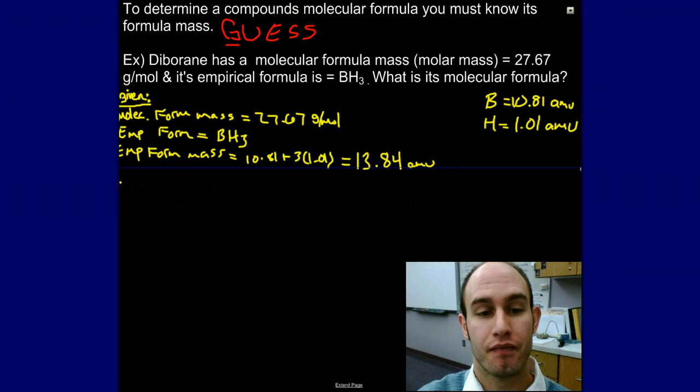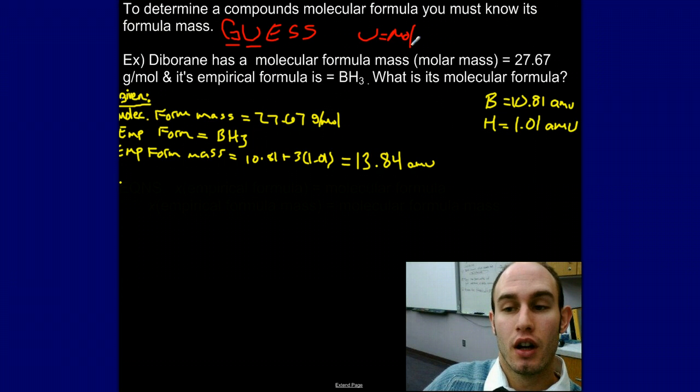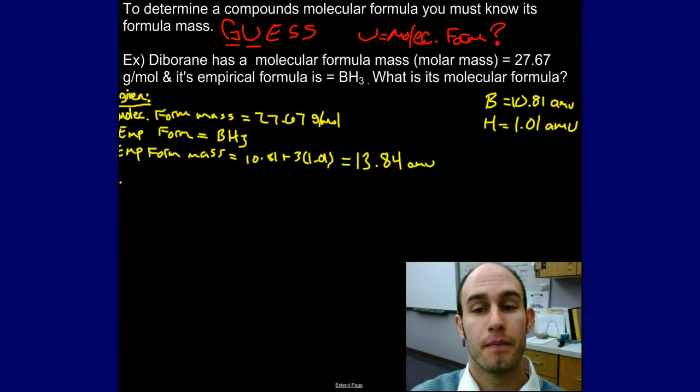That's my given. My unknown. Well, what don't you know in this problem? My unknown is going to be the molecular formula. That's what I'm not sure of, so I'm going to be looking for that. I usually put a big question mark around what I'm looking for. And then I'm also going to be looking at my equations.